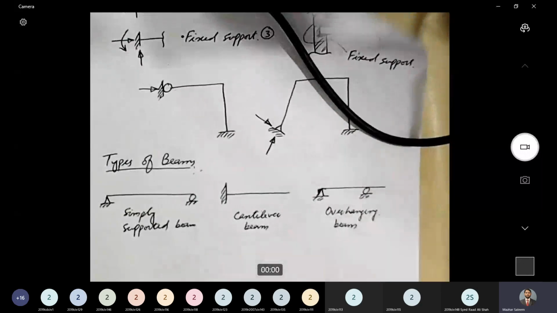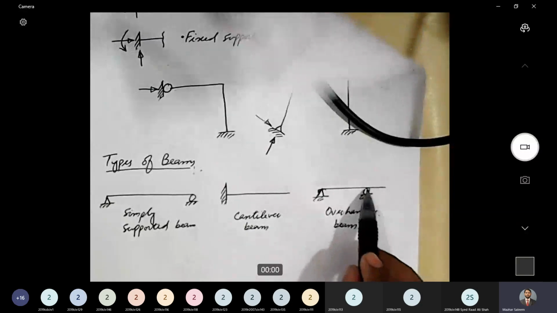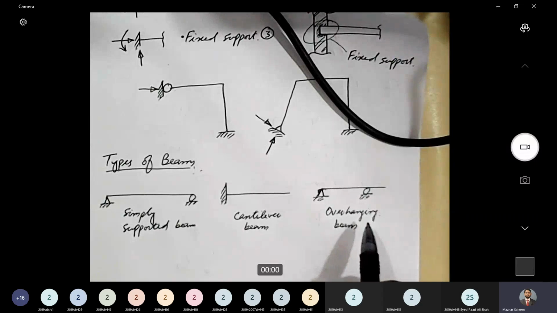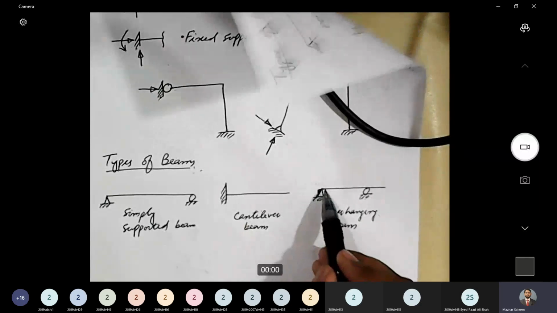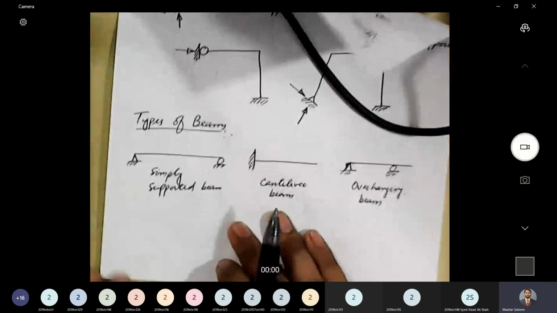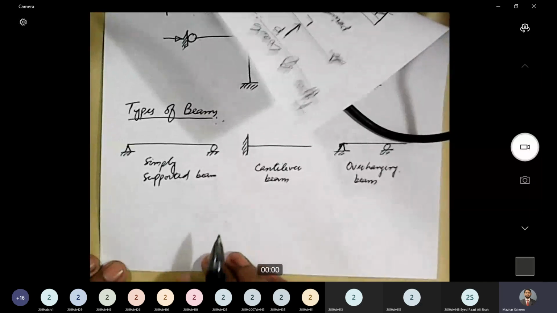So this type of beam in which one end of the beam is projected beyond the support is termed an overhanging beam. Sometimes this is also referred to as a single overhanging beam. And if a beam has an overhang on both sides, that is referred to as a double overhanging beam. So this is an overhanging beam.